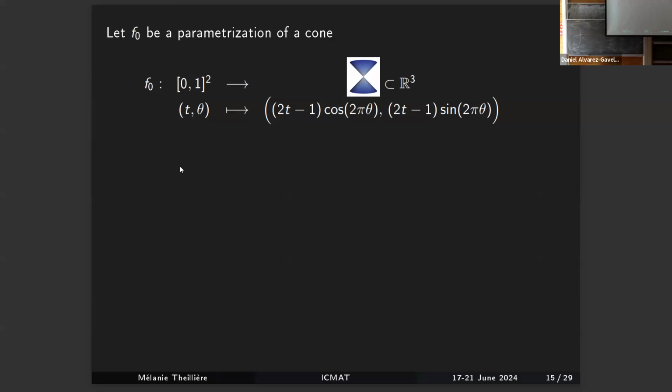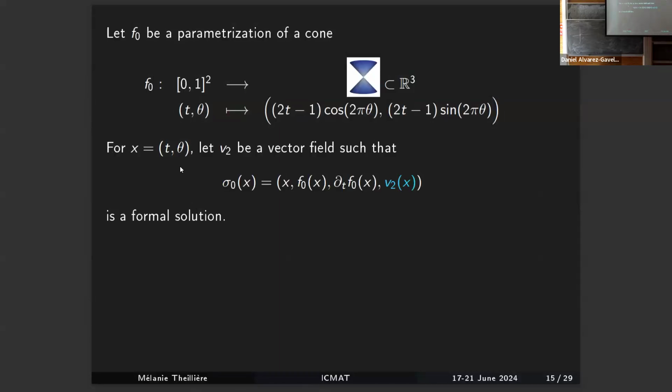So let's, for example, consider a singular surface, the cone. We choose a cone with this parametrization. We have to choose a formal solution which is in the relation of immersion. In fact, we notice that one partial derivative of the cone never vanishes, so we take it.